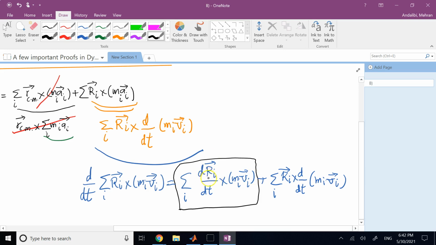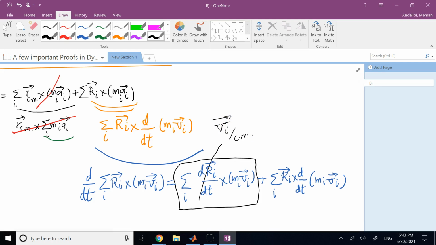But this time, this ri cap d over dt is what? What's the meaning of this? This is the rate of change of the position vector of particle i with respect to the centroid. So this term is like the velocity of particle i with respect to the centroid, isn't it? That's the definition of relative velocity.